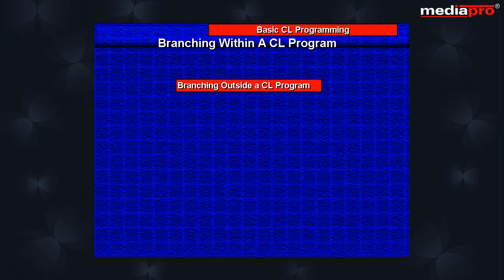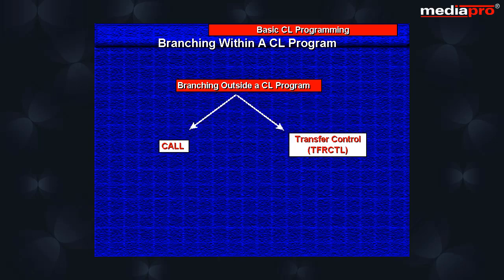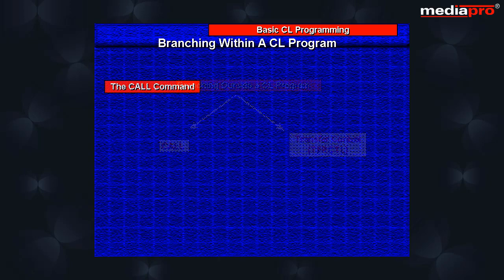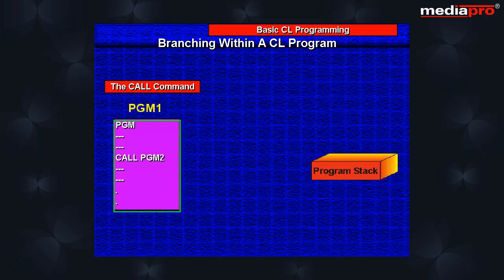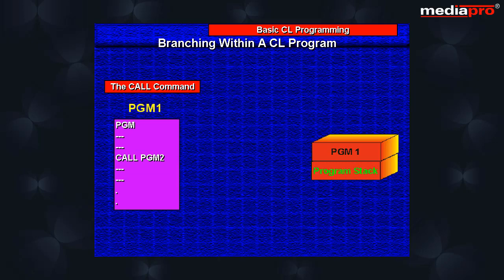CL provides two methods for achieving this, the call and the transfer control commands. Let us look at the call command. Say our main program is executing. When it reaches the call statement, the system will place the current program on the job's program stack.